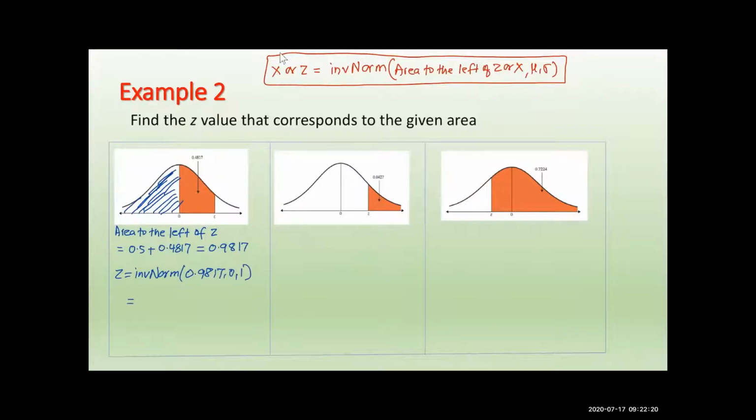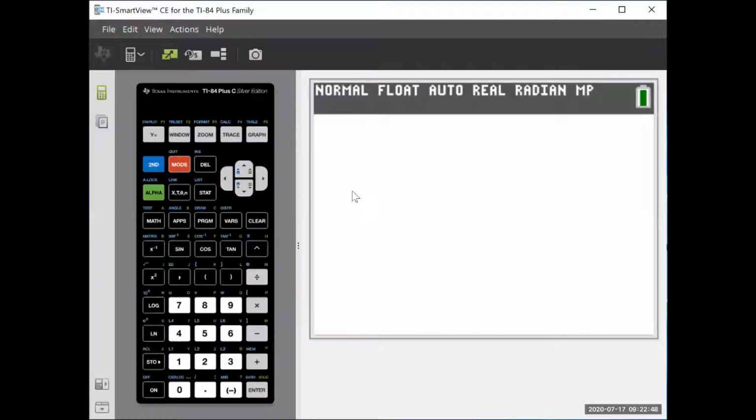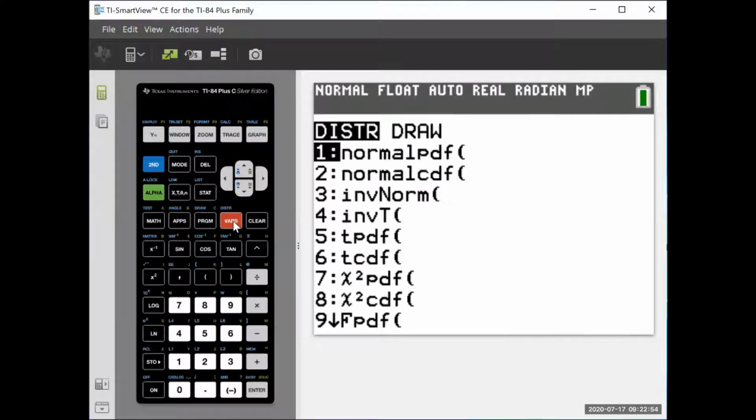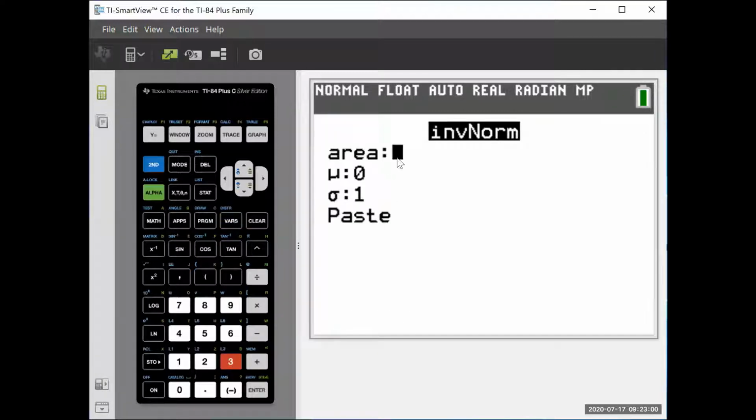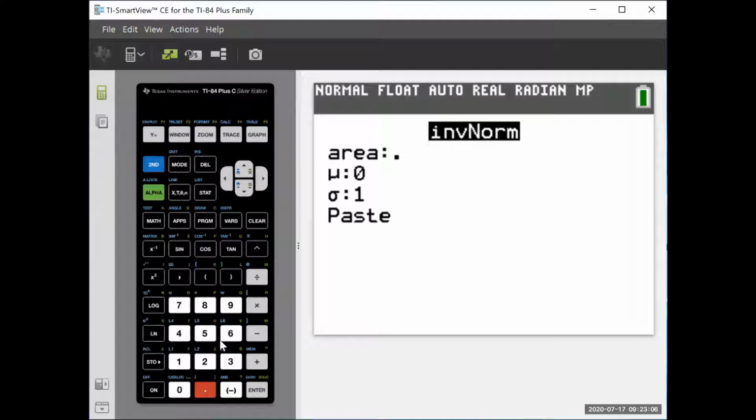Now we need to type this in our calculator. So I'm going to share my calculator here. You can follow along with me. We go to second, then vars, then number 3, because number 3 has inverse normal. Here you type the area to the left of the z-score, which in our case is 0.9817.